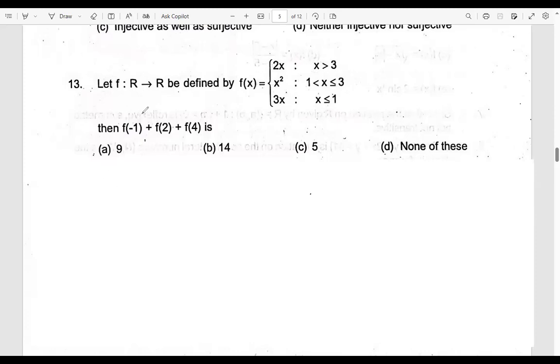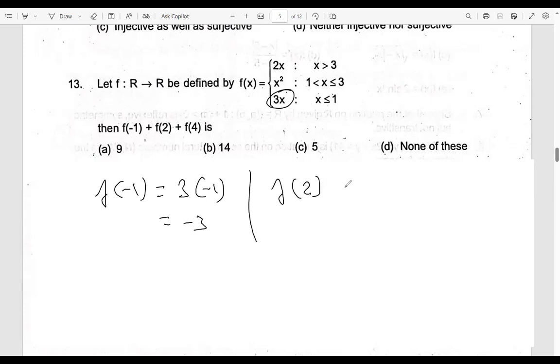If I find f(−1), clearly −1 is less than 1 only, so we use f(x) = 3x, which gives −3. So f(−1) is equal to −3.